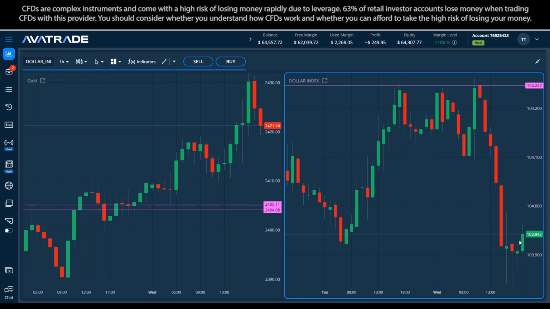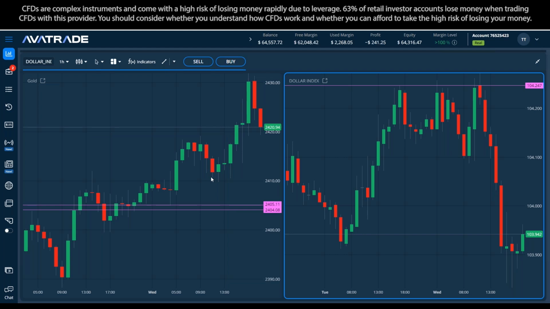We can just use these last 2 green candles as an example. We see 2 green candles of the US dollar index climbing, and what did the last 2 candles of gold do? They went down. Prior to that, there were 1, 2, 3, 4, 5, 6 candles where the US dollar index went down and gold went up.